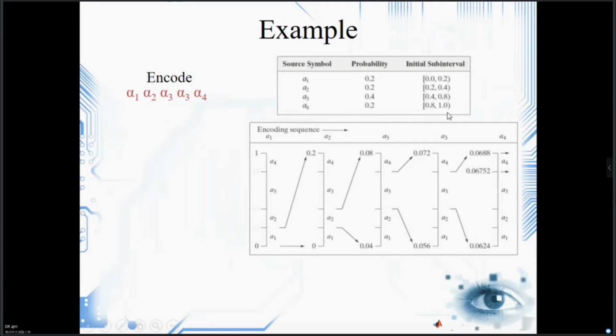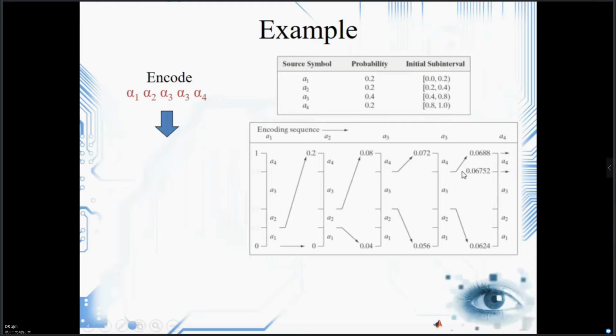Now we will calculate between each domain based on this. Suppose A1 upper limit is 0.2, lower limit is 0, then A2 lower and upper limit, A3 upper and lower, and also for A4.